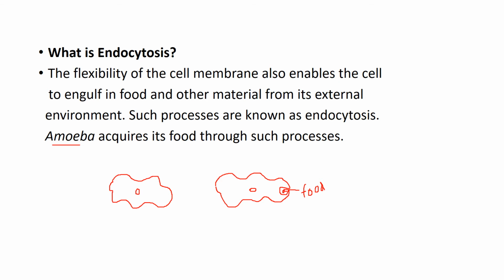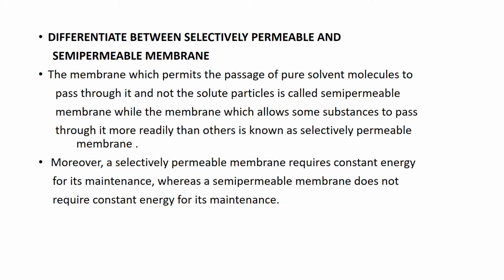So please learn it. What are the differences between a semi-permeable membrane and a selectively permeable membrane? A selectively permeable membrane, as you have seen, allows only some selected substances to pass through it. Whereas a semi-permeable membrane permits the passage of pure solvent, but it does not allow any solute particle to pass through it.